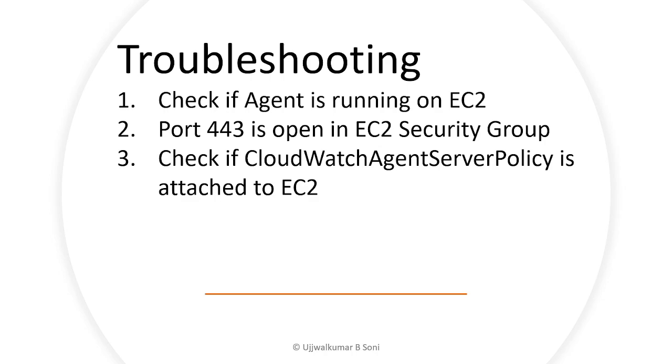In your security group, you need to enable 443. Apart from that, you also need to check if the CloudWatch agent server policy is attached to EC2. After doing all these things, restart your CloudWatch agent, and after some time, the metrics will show up.